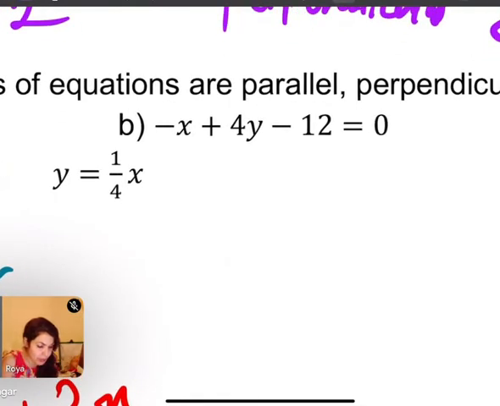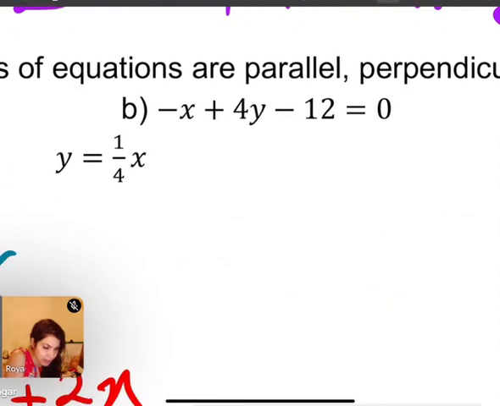For the second question, you can see that the slope here is 1 over 4 because the equation is like this.